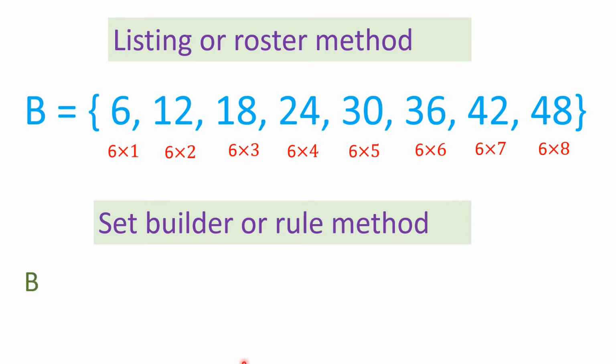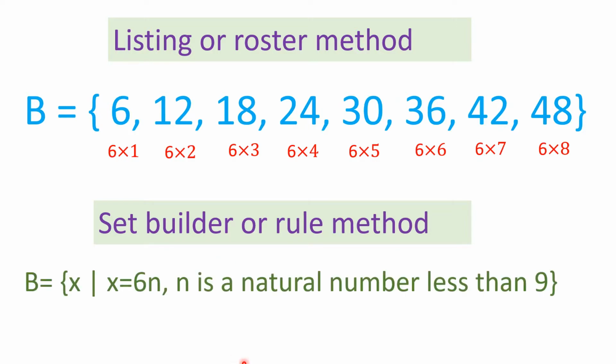How do we write it? B is a set of all x such that x equal to 6n. The member of this set is a multiple of 6, so we write a multiple of 6 as 6n. And the value of n varies from 1 to 8. When n is equal to 1, you get the first element.